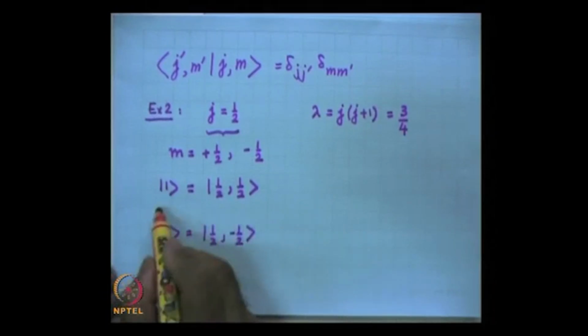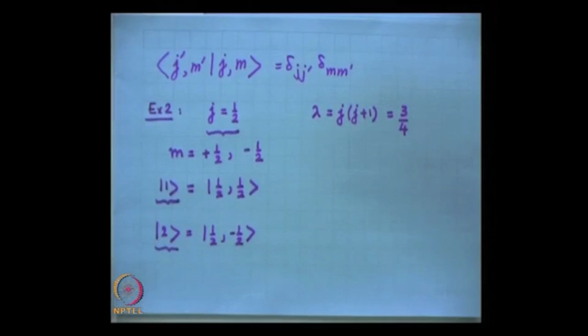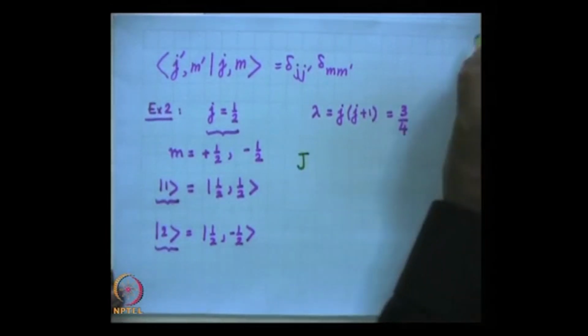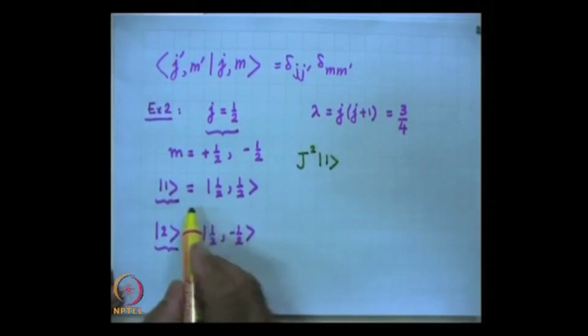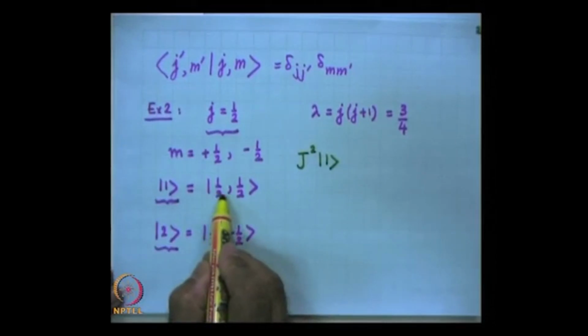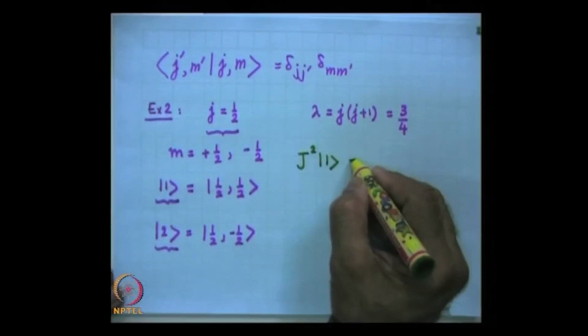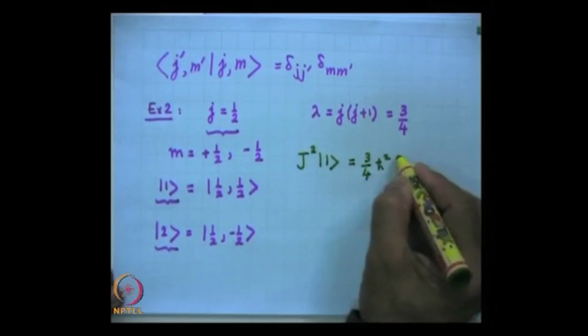Now, these are simultaneous eigenvectors of the operator J squared and J z. So, therefore, J squared ket 1 is equal to half into half plus 1, that is 3 by 4, actually h cross square ket 1.